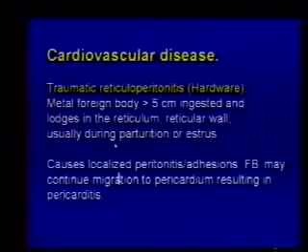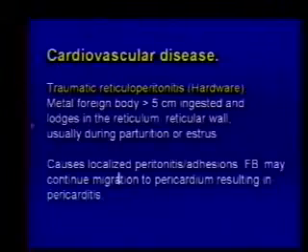And basically what happens is that this foreign object, this wire or this nail, penetrates the reticular wall or the rumen wall, and it may extend into the diaphragm, or it may penetrate through the diaphragm and lodge itself into the pericardium. So it can manifest itself in different situations.